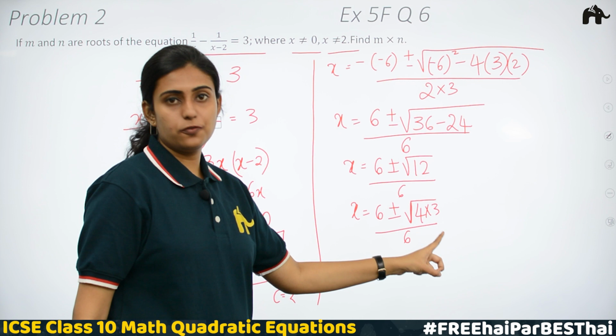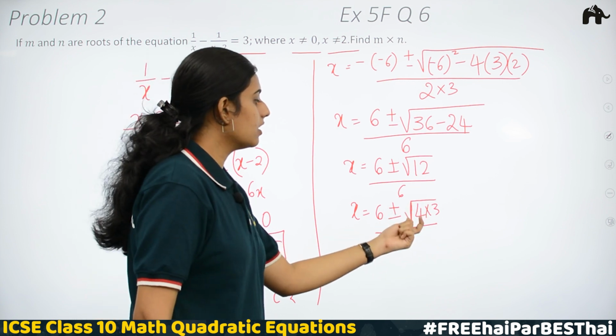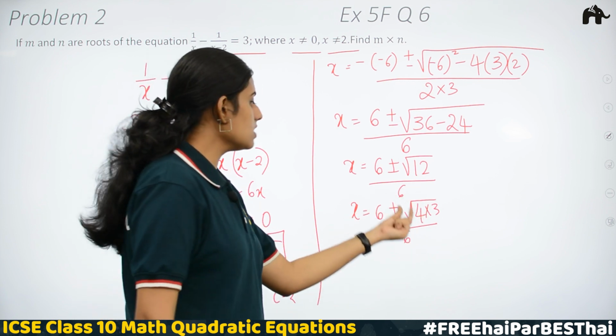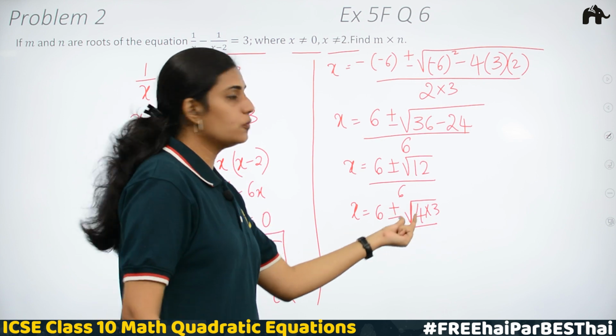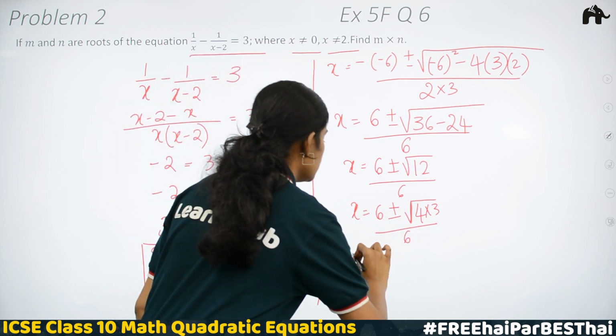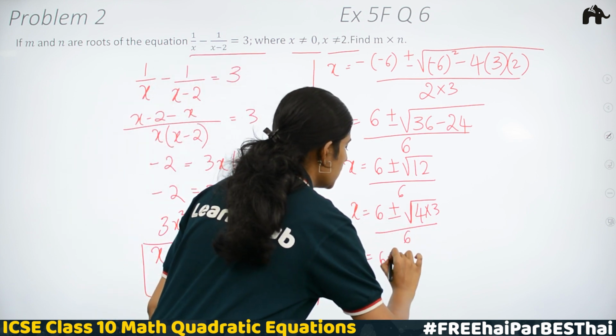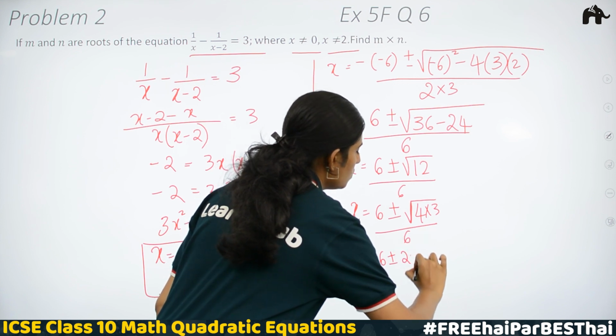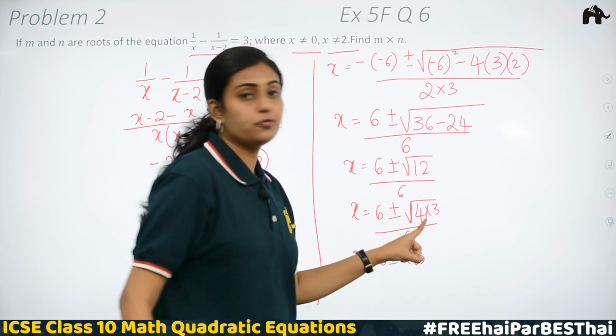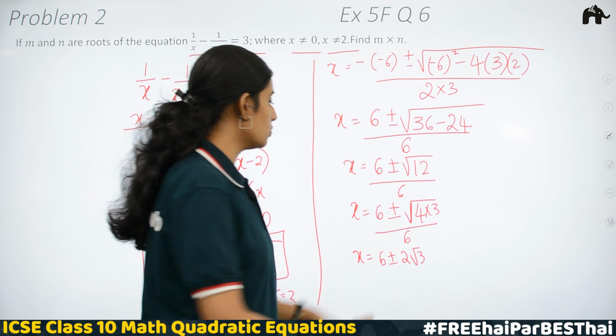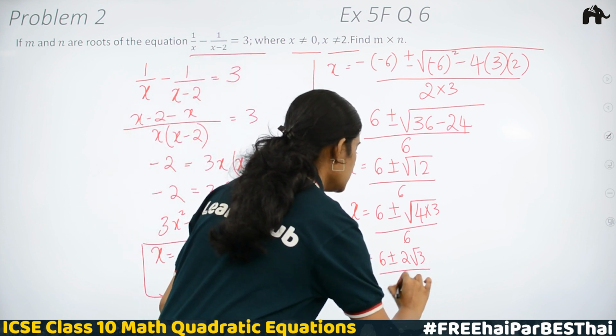We know root 4. We can take root 4 outside. This is root 4 into root 3. Root 4 is equal to 2. Rearranging, we get x is equal to 6 plus or minus 2 root 3 divided by 6.